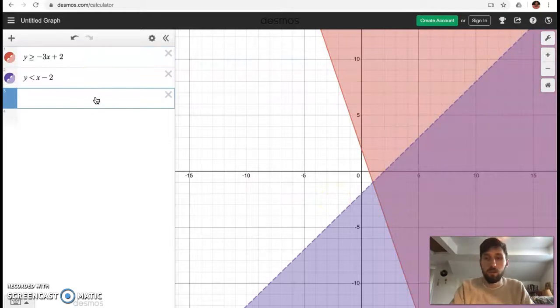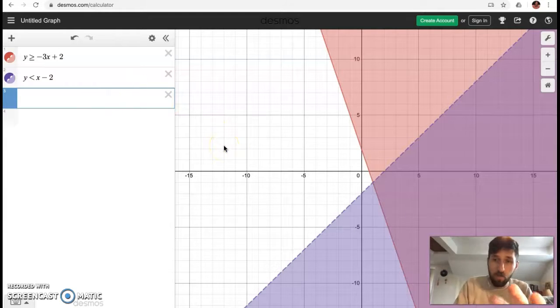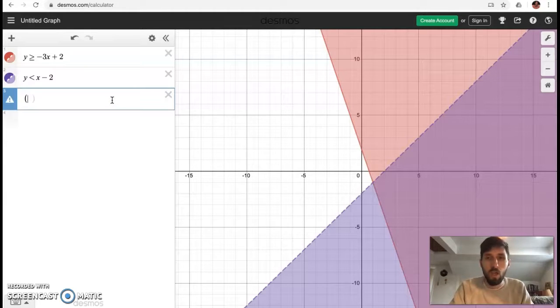So the final step: this right here in front of us is a system of inequalities. You can see it's just two inequalities. That's basically what a system is. To be a solution to a system of inequalities, the point has to be in both inequalities at the same time.